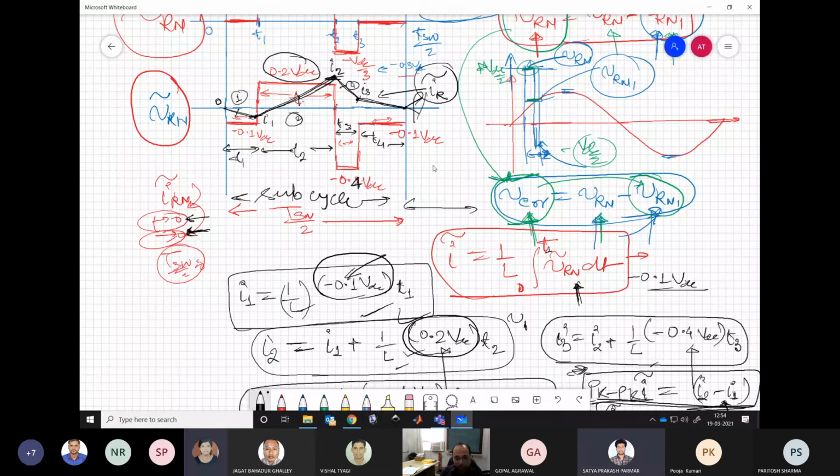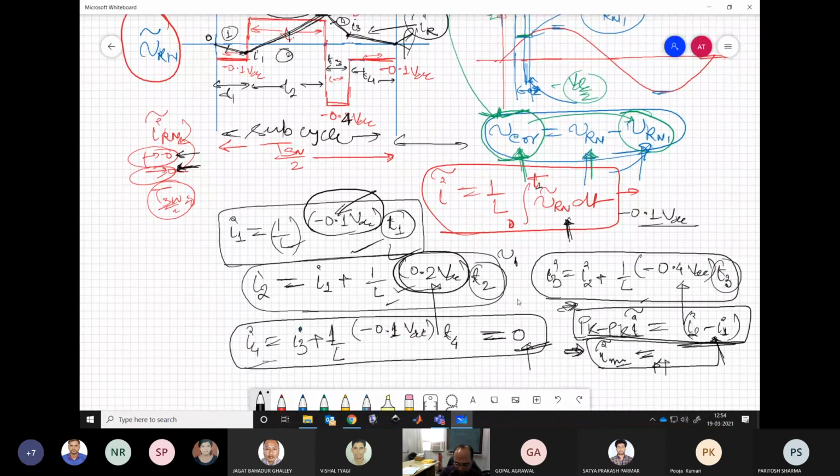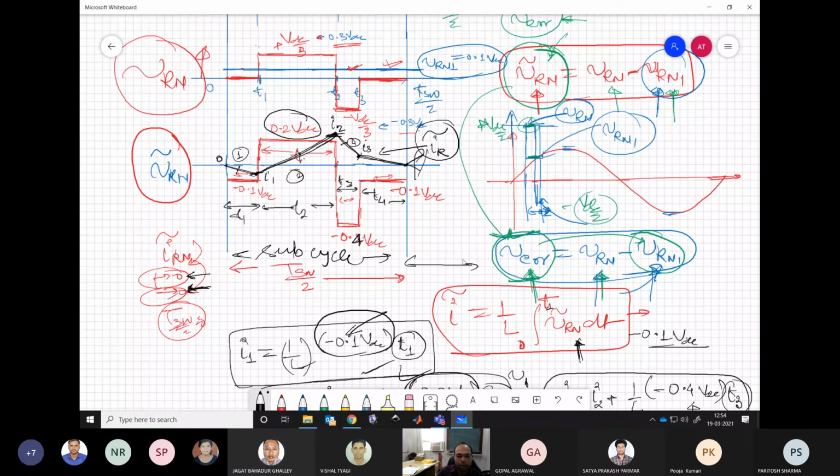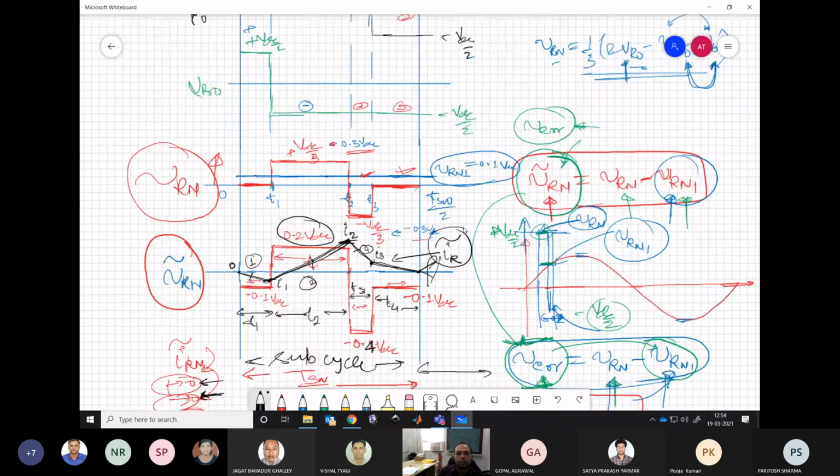Now, these intervals, what we have written T1, T2, T3, T4, who is going to tell that? Who is going to decide that? Who is going to give the answer for that? Or how will you get the answer for that?